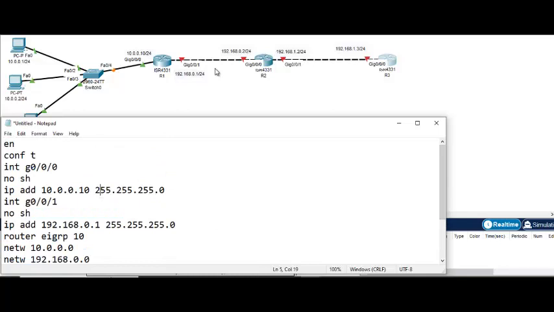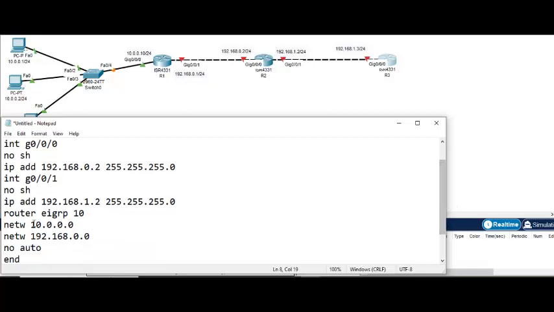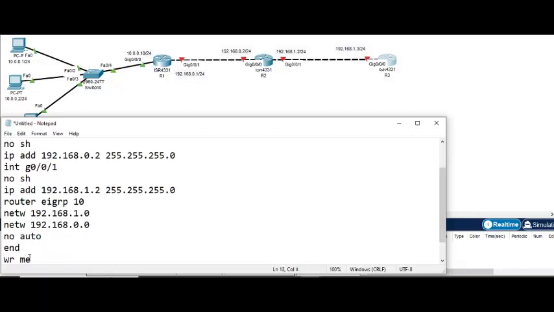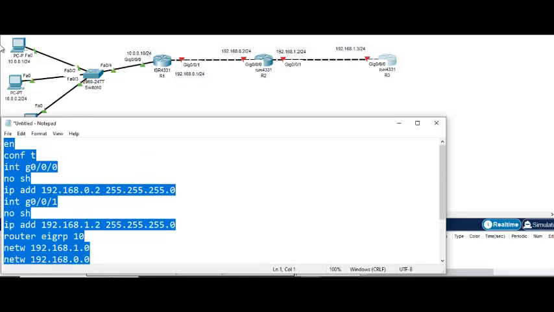Router 2 G0/0 will be 192.168.0.2, and G0/1 is 1.2. Here it's going to be network 192.168.0.0, and 1.0.